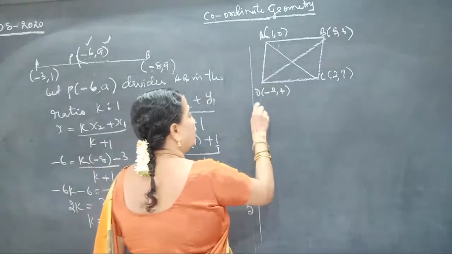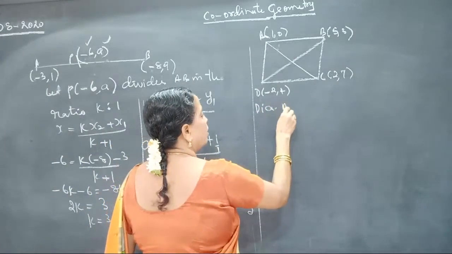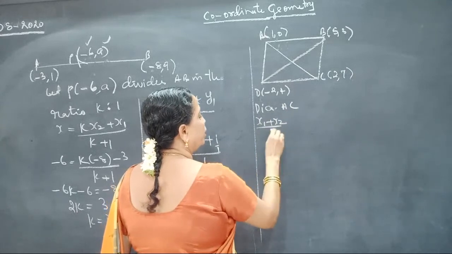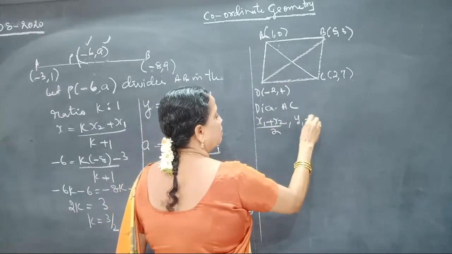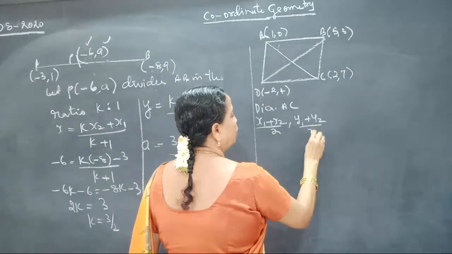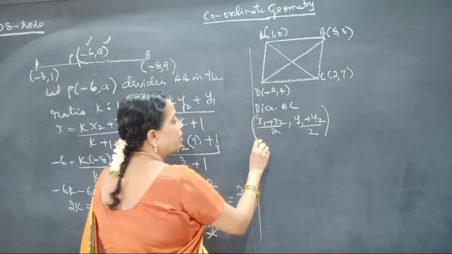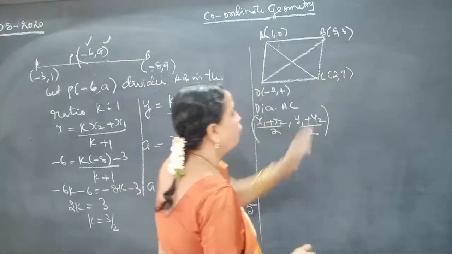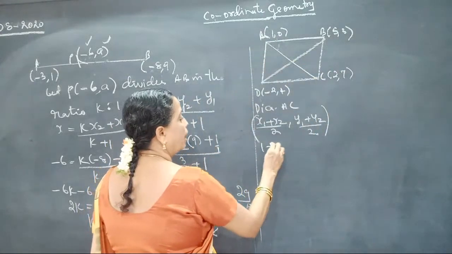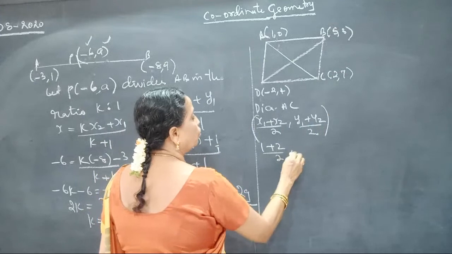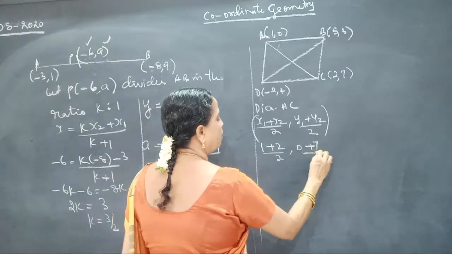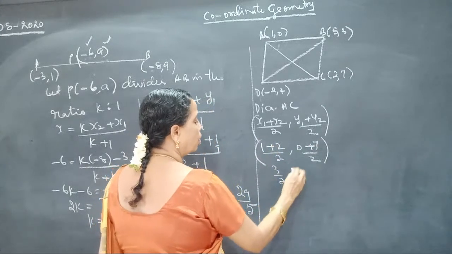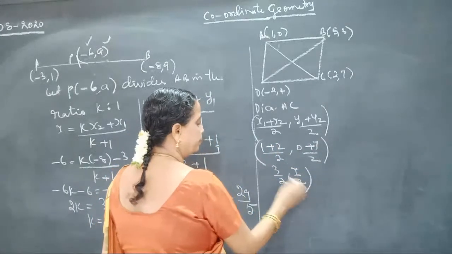For diagonal AC, I take (x1 plus x2 by 2, y1 plus y2 by 2), with x1, y1, x2, y2. It is 1 plus 2 by 2, 0 plus 7 by 2. What you get? 3 by 2, 7 by 2.